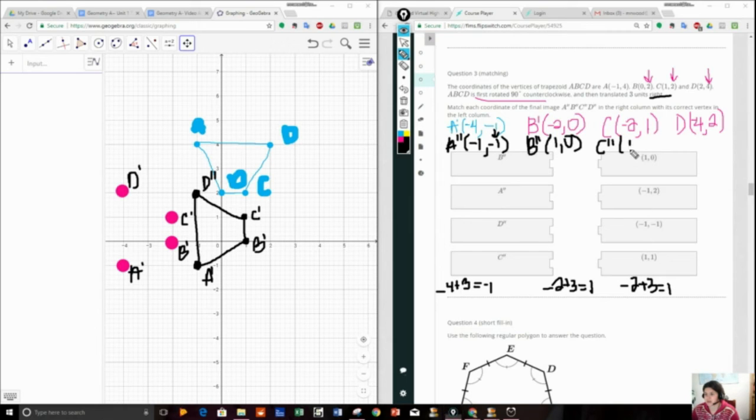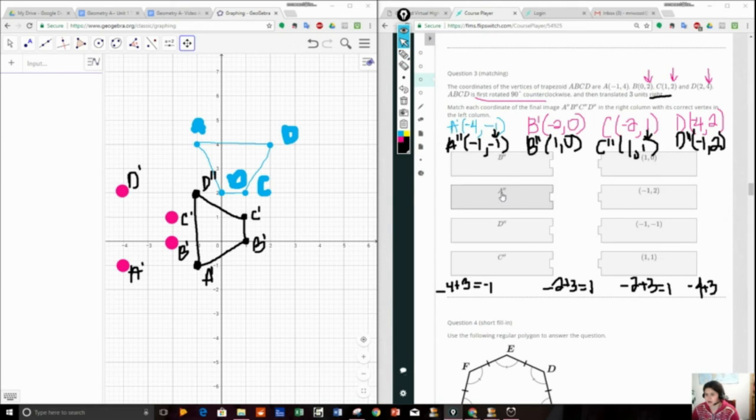And so it's going to be 1, and our y coordinate didn't change. And then our D double prime is going to be the x coordinate plus 3 units because we moved them right. So that was along the x-axis. So -4 plus 3 is -1, and our y coordinate didn't change. So now we have our A double prime, B double prime, C double prime, and D double prime.